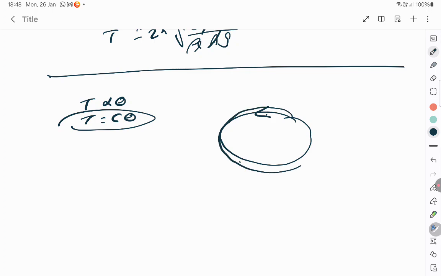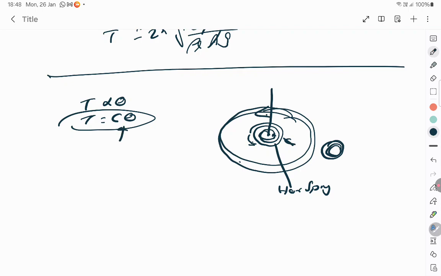This wheel will rotate slowly, and as the wheel is rotating, there is also a hairspring, which is like this. It's a thin wire. As the wheel rotates, the wire will also get twisted as it keeps rotating, so this hairspring is undergoing a torque.